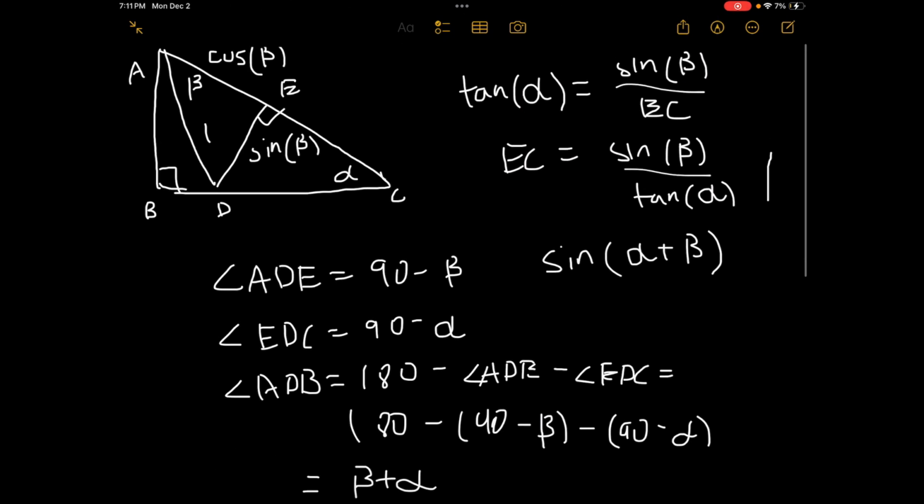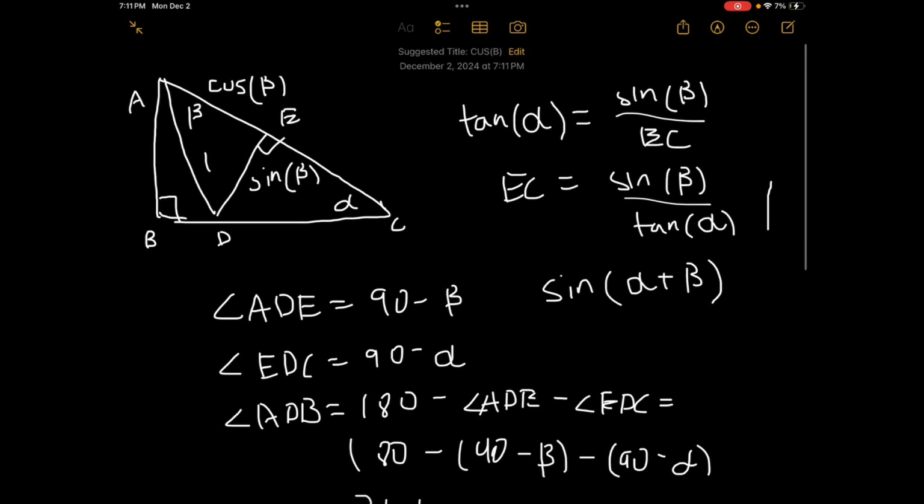And we know the length of AB, and we can find the length of AC by adding AE and EC.